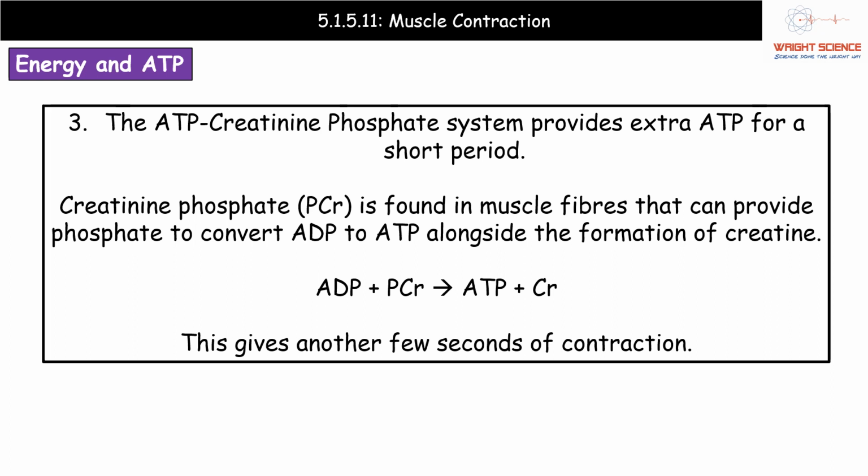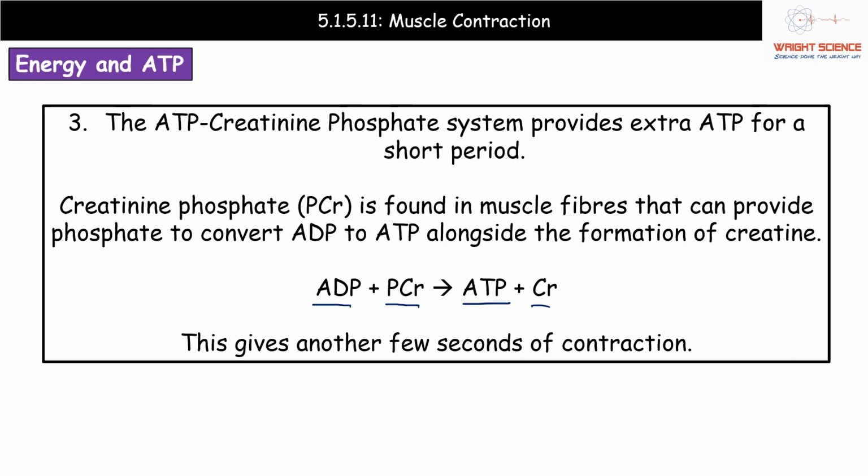And that's able to provide phosphate to convert ADP into ATP. So our ADP, which is present within those cells, is going to use the phosphate from the creatine phosphate, PCr, to form ATP and the creatine. Now that's an extra few seconds of contraction.